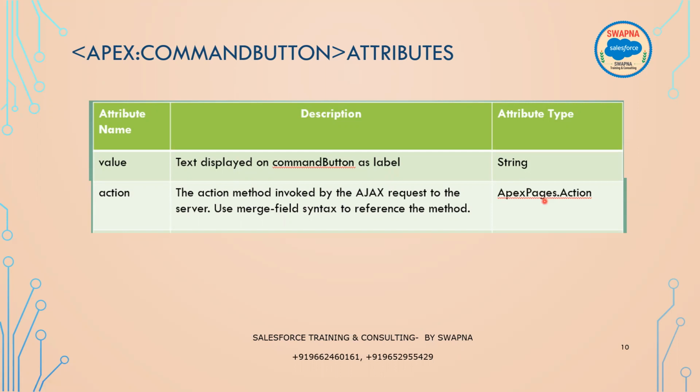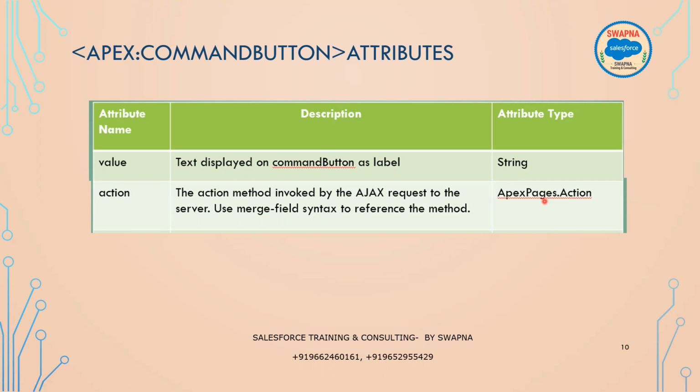So we will see different ways of calling actions, but remember that action is nothing but we are going to perform some action there. Either I'm going to create a new record, update a record, edit a record, or cancel a record. These are the default actions, the default Salesforce buttons.